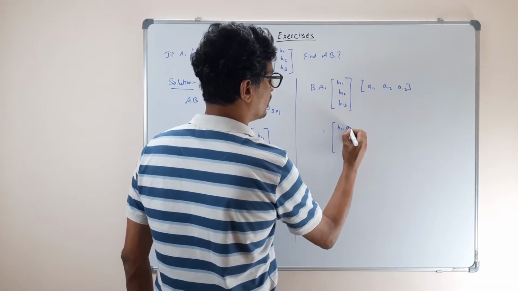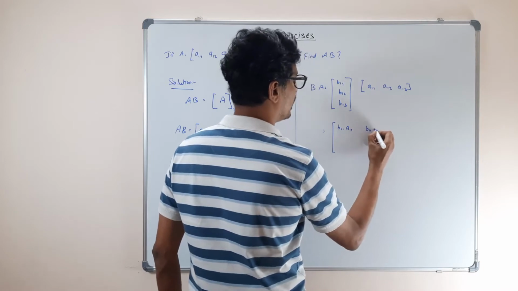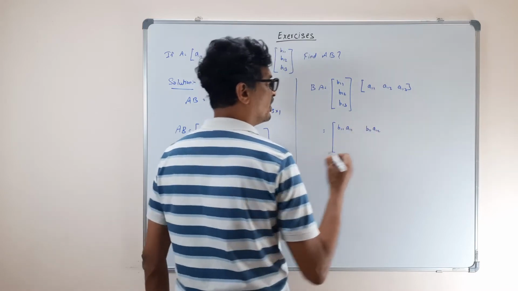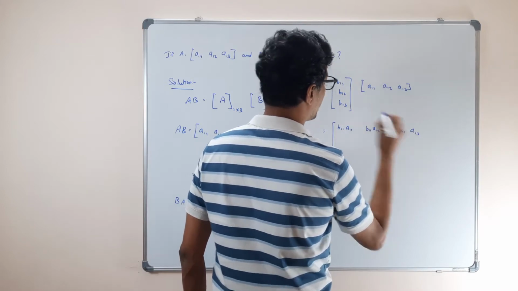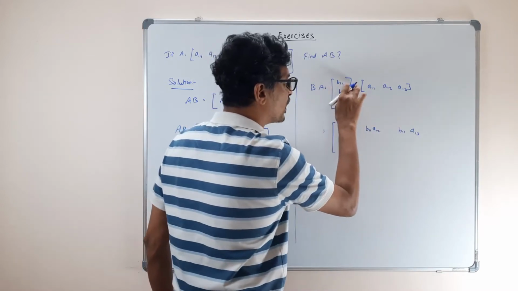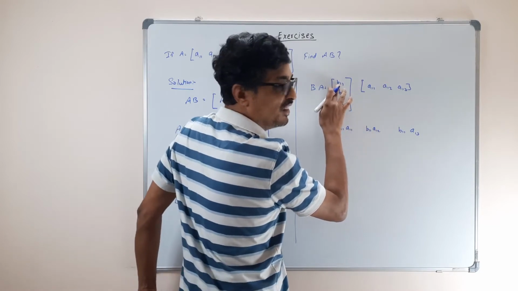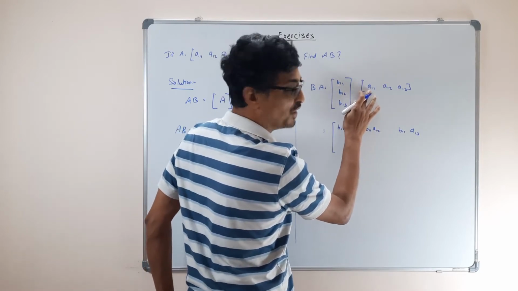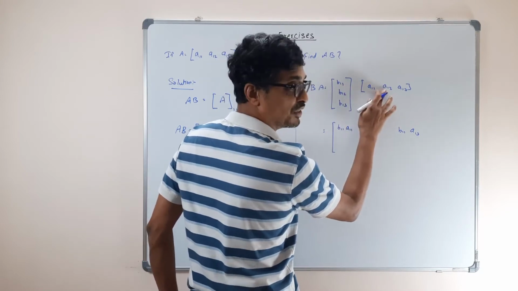B11 A11, and then B11 A12, B11 A13. Correct? Because your first row you have to multiply with a column. But here you have only one element in the row and only one element in the column. So just B11 A11.